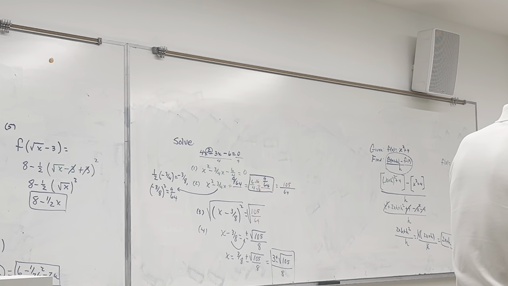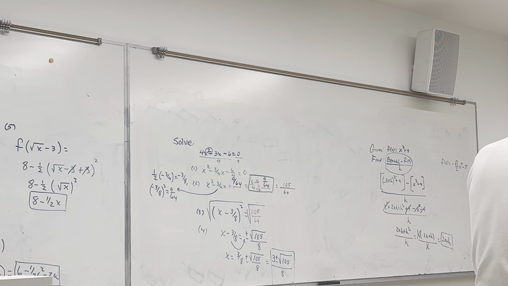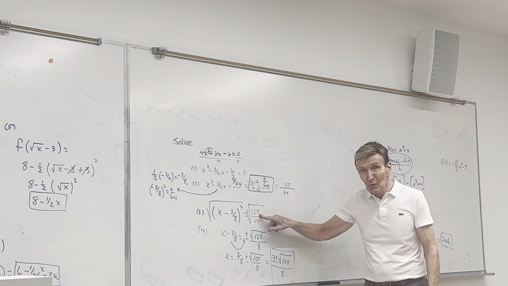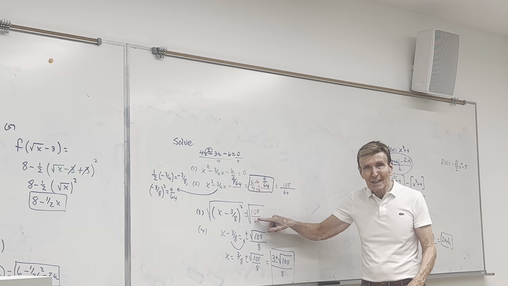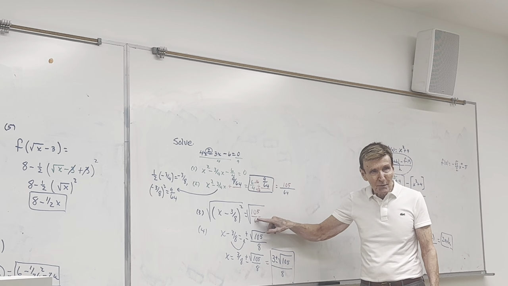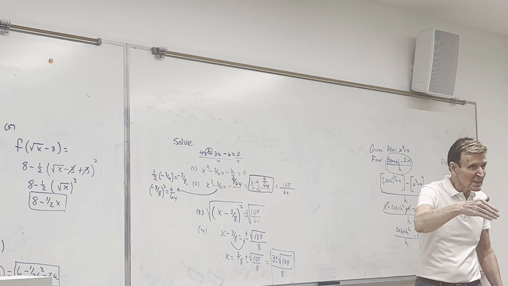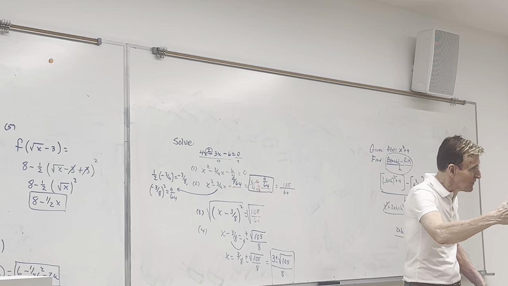Now you know by now, I doubt seriously, with all the work we've done here, that I would give you something like 81 over 64. 81 over 64 would be too nice. That would be what, 9 over 8? No, I want something like 105.